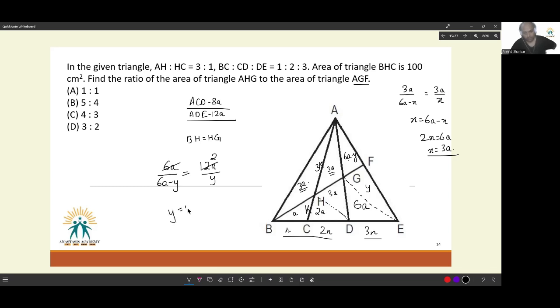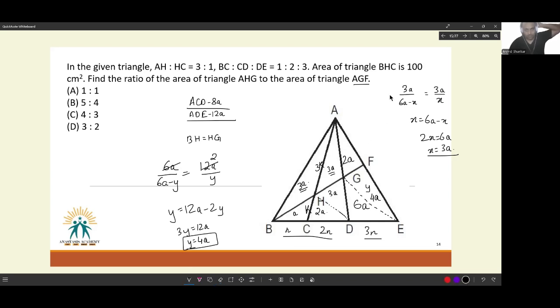So I get Y is equal to 12A minus 2Y, or 3Y is equal to 12A, or Y is equal to 4A. If Y turns out to be 4A, then 6A minus 2Y will turn out to be 2A.